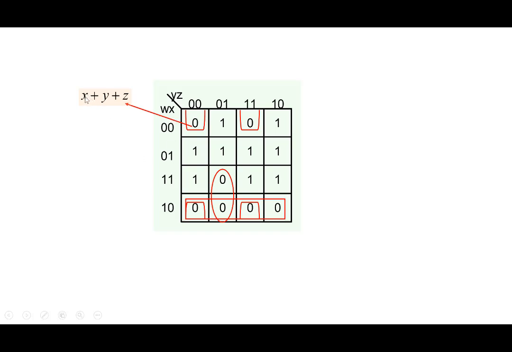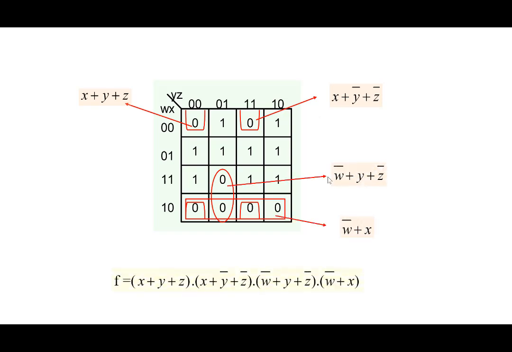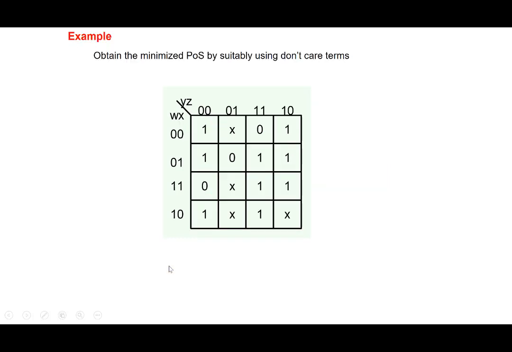So you write x plus y plus z, so that becomes this one here. This one, well, y and z are both 1, so you rewrite it as y bar and z bar. And the other thing is x, whose 0 value is common to both of them, so we write x here. Similarly we can write these terms here. Finally we can combine all these terms together as a product term, and so the whole function can be written in this particular form.